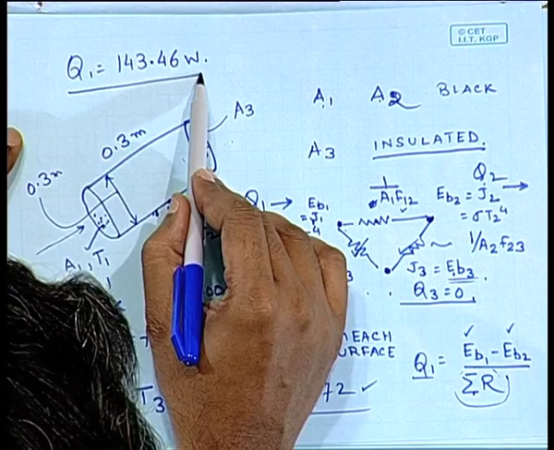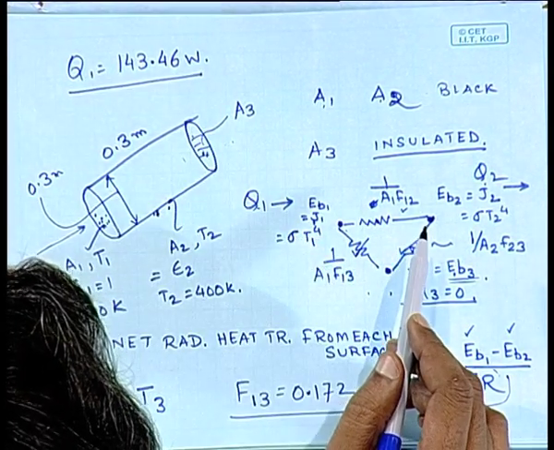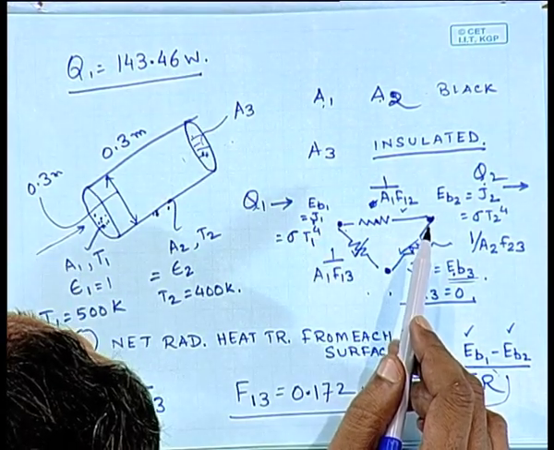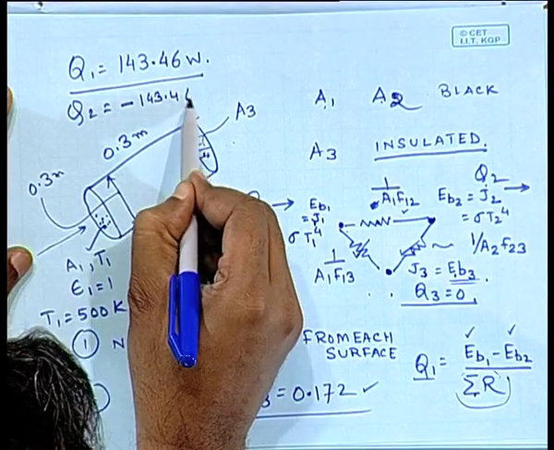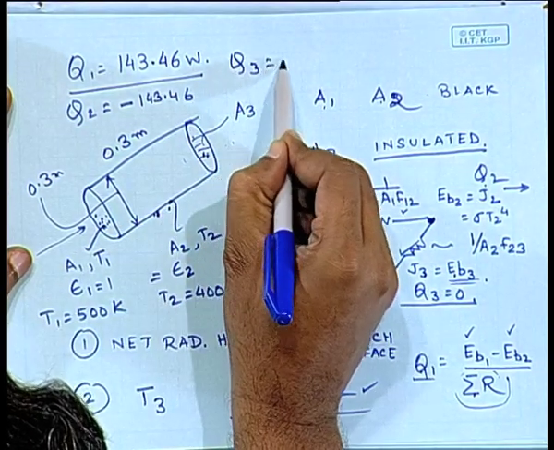Is this energy Q1 to be supplied or extracted from 1? So if it is supplied from 1, it has to be extracted from 2 in order to maintain steady state. And so your Q2 would be equal to the same thing with a minus sign, and Q3, since it's insulated, would be equal to 0.